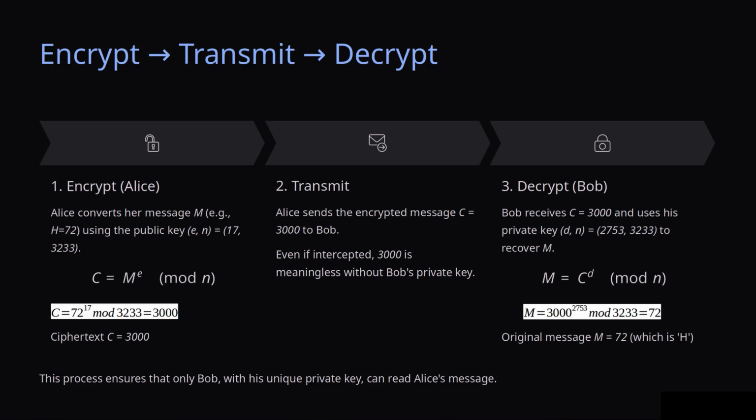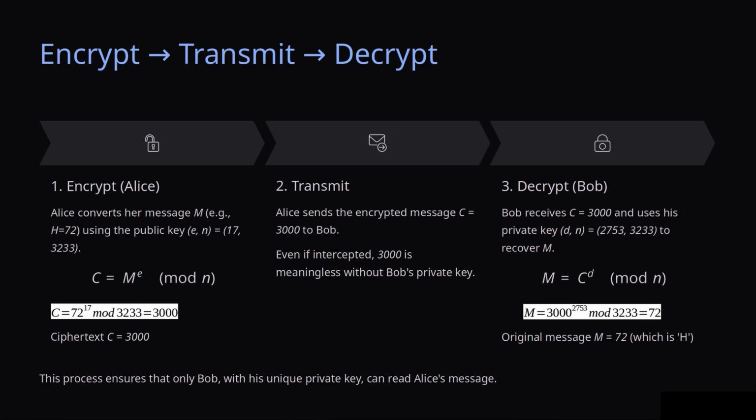As you can see, here the numbers are way bigger, so the calculation is even more calculation heavy than the encryption part, but this is just due to the numbers that we chose. So if m is the equivalent of 3000 to the power of 2753 modulo 3233, we end up with 72.